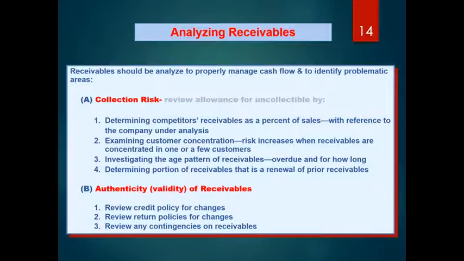So next, dia kena examine the customer concentration. Risk increases when receivables are concentrated in one or a few customer. So maksudnya kat sini, concentration tu sendiri membawa maksud kepada debtor concentration is refer to the percentage amount of accounts receivable owed by a single debtor.